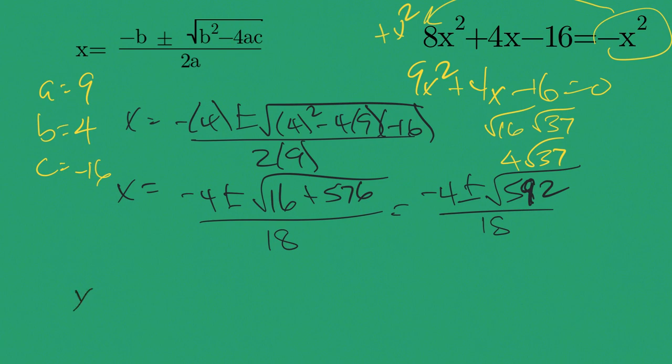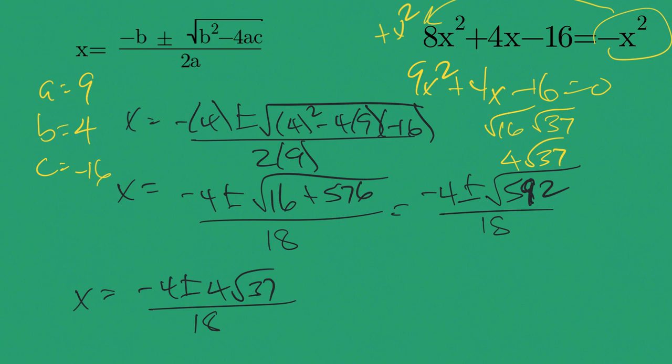So right here, I'm going to go x equals negative 4 plus or minus 4 root 37 over 18. But if we have a radical that's not a perfect square, we've got to break that radical up if we can. We've got to simplify it, which we were able to do.